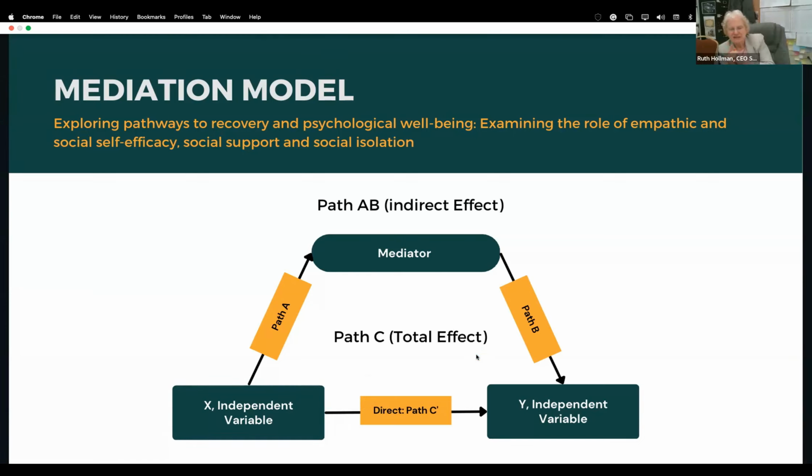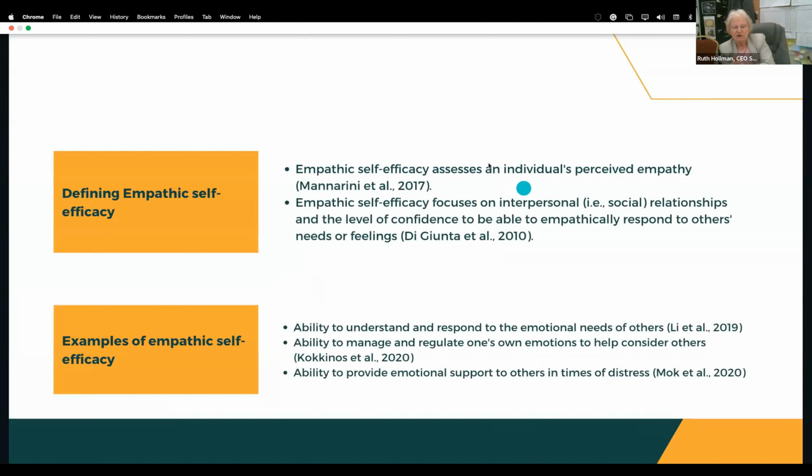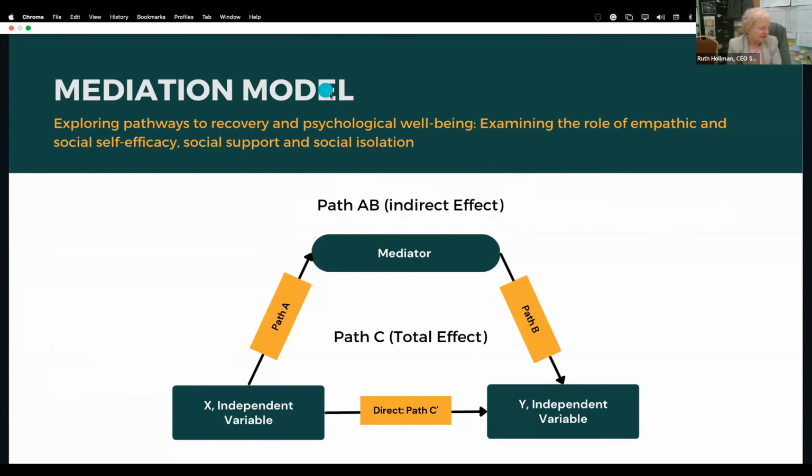And path B is where you take social support and social isolation and see how that's impacting recovery and psychological well-being. Yes, exactly. And you're also looking at the direct path, and what you're finding is that the mediator is doing something, because you get a bigger bang for your buck if you go through the mediator than if you go directly from the one to the other, right?